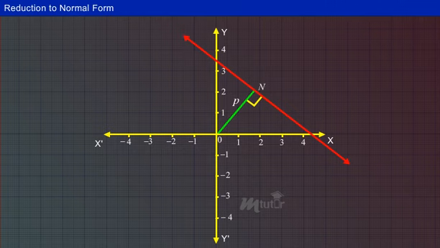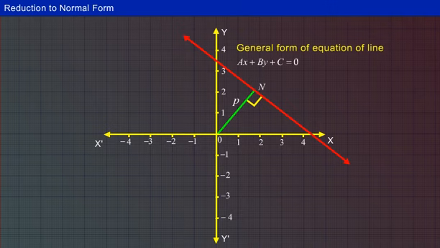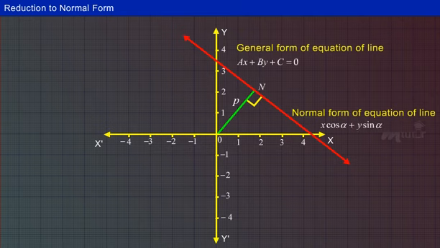We know the general form, that is, ax plus by plus c is equal to 0, and its normal form as x cos alpha plus y sin alpha is equal to p. We know that these two equations represent the same line.